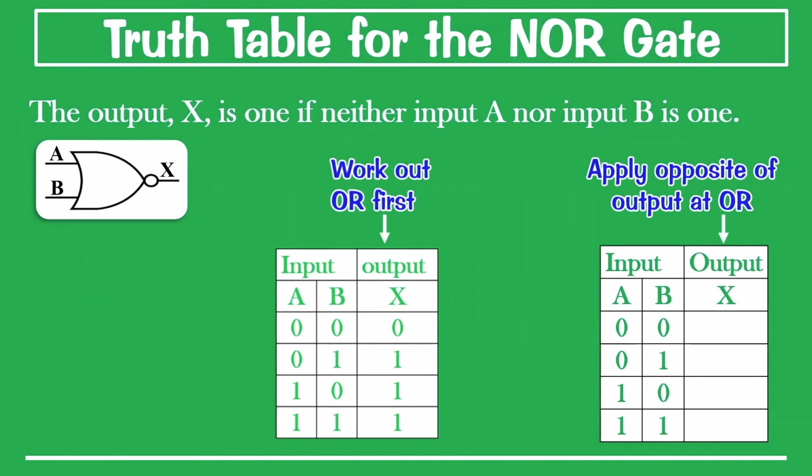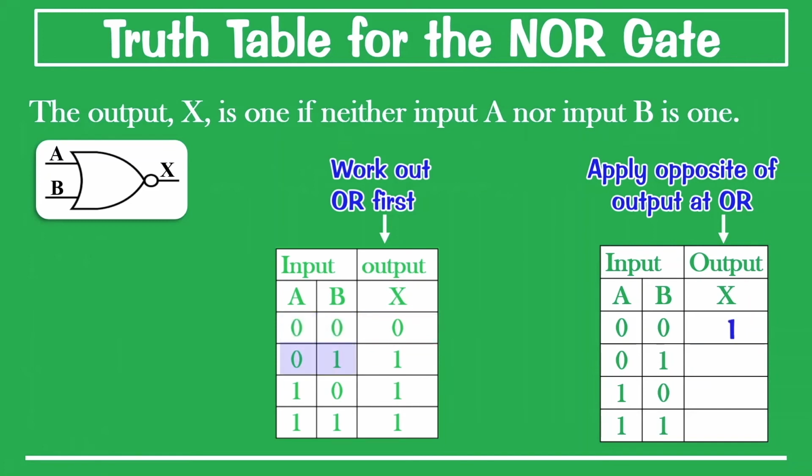The output X is 1 if either input A or input B is 1, meaning that 0 or 0 equals 0. That will be not 0 equal 1.